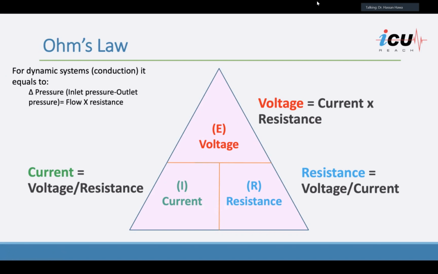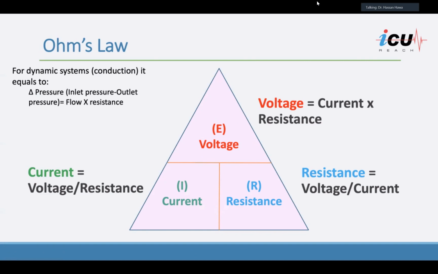How is it correlated to the human body? Let's imagine the circulation is a closed circuit system, and then the difference in the pressure will correlate with the flow and resistance.